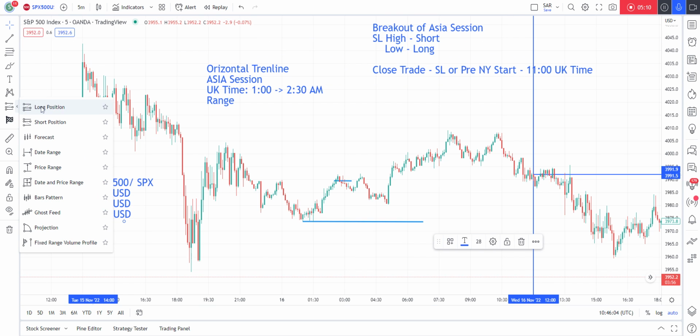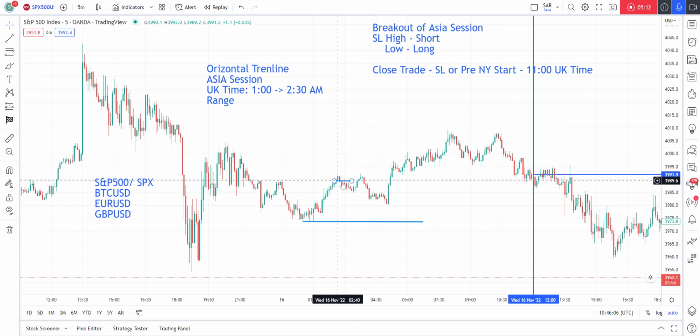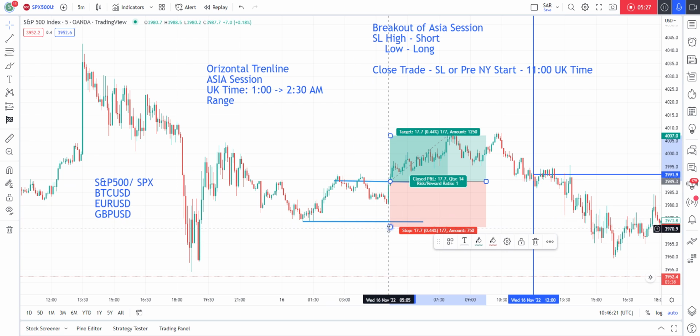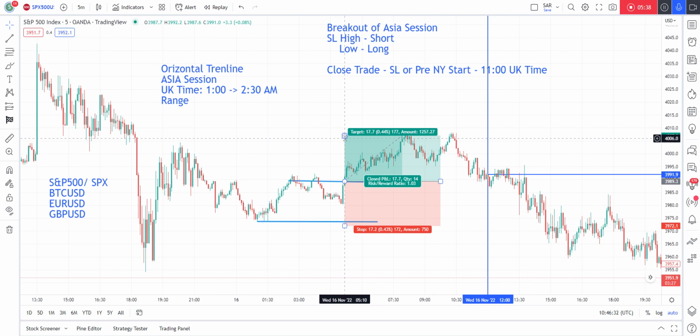So let's see, this is the example. We have the trend line low at 1 o'clock, and then we have the high, and we stop here at 2:30. So what does it do? It breaks out around here. Then we create a long around here with a stop loss just below, in case it wants to test below the Asia session, and take profit would be the London Open.